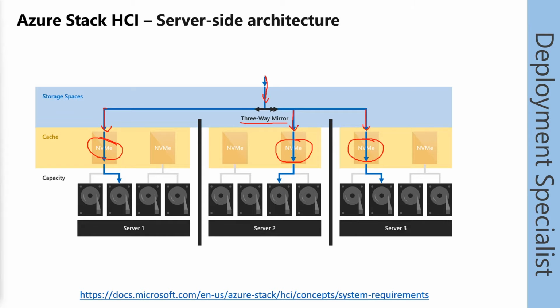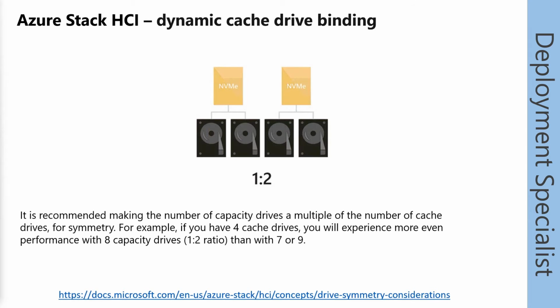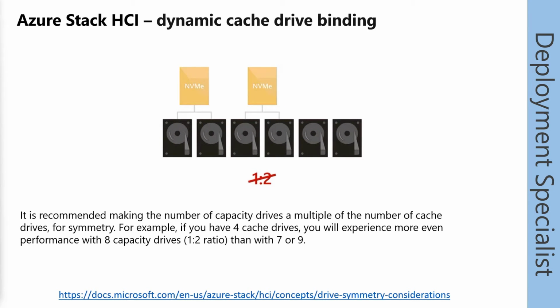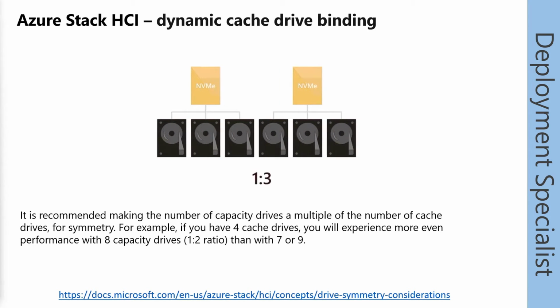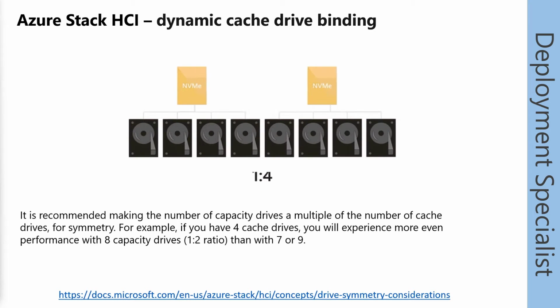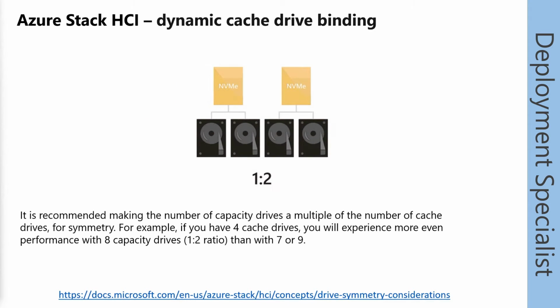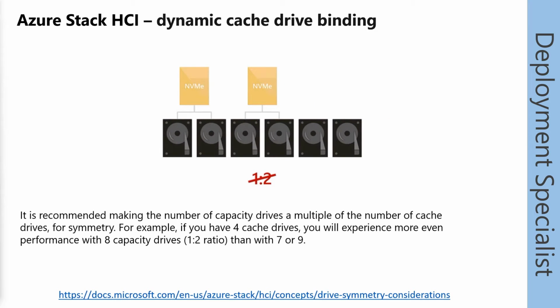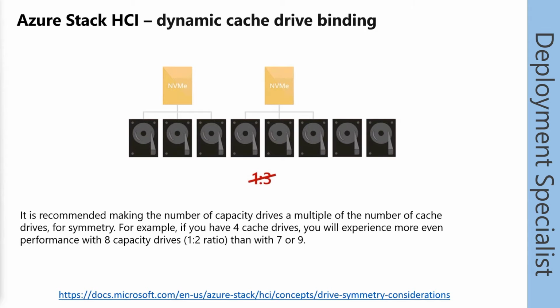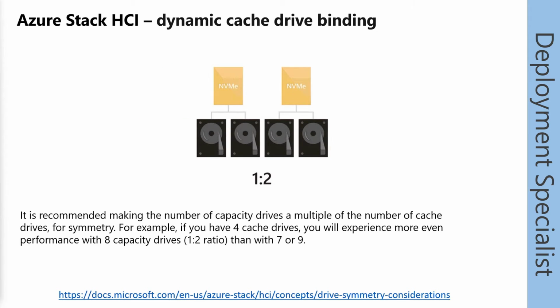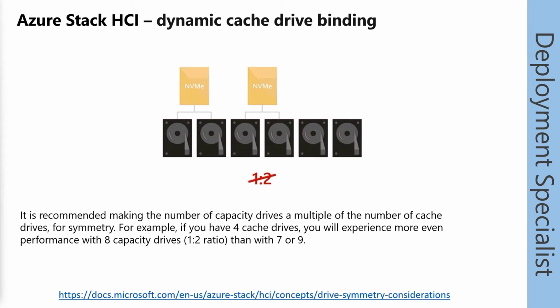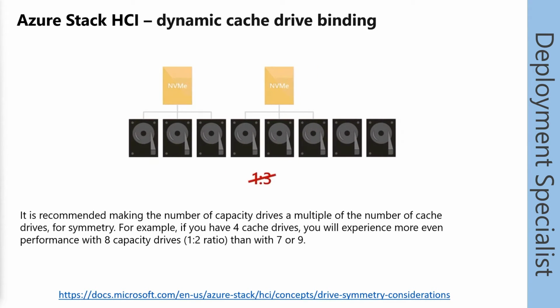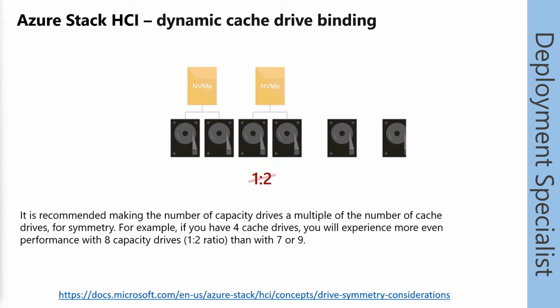If we expand our capacity, we will add capacity drives. And if we have a configuration with cache drives, the cache drive binding is rebinded. So the cache drives are rebound to the new capacity drives. And here we can see we always need a multiple whole number of cache drives to capacity drives to ensure that we have a balanced configuration.